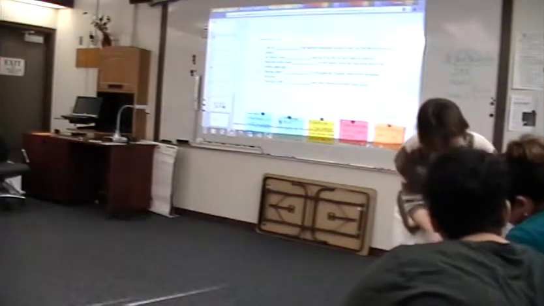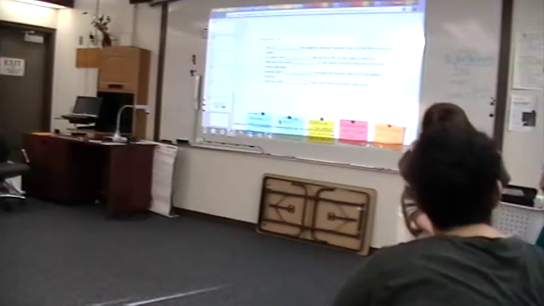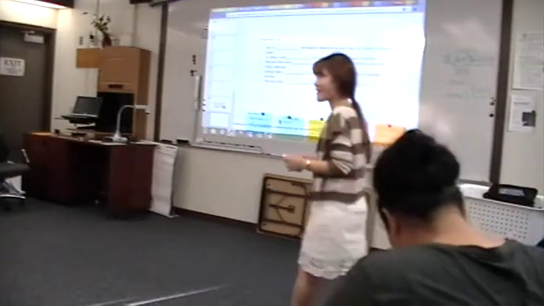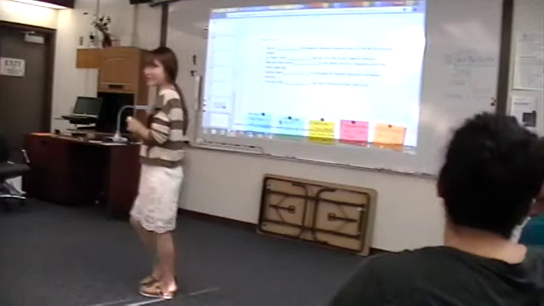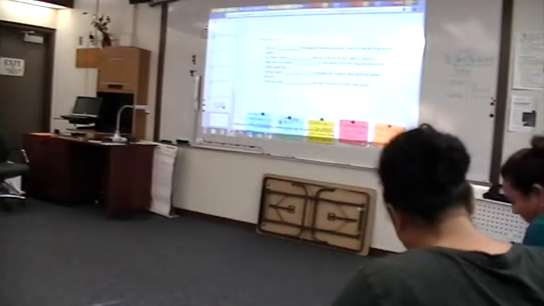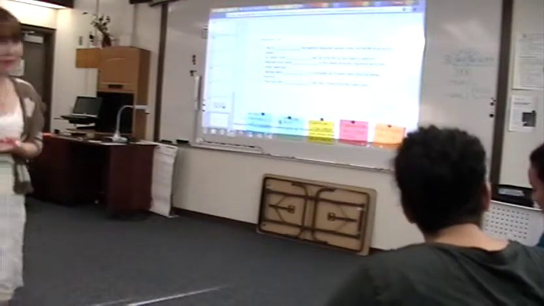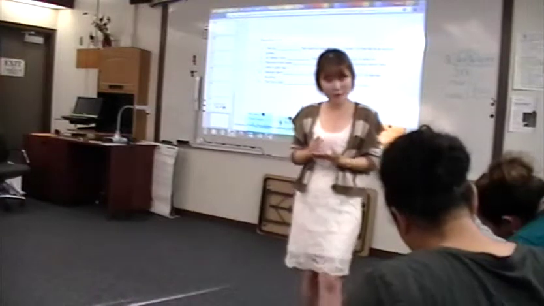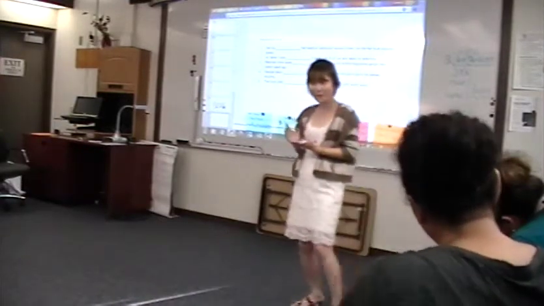Because it's only present perfect tense, you should use have or has and the verb. Everyone, just to let you know, this is the present perfect tense. Does it make sense? It's has or have plus the past participle form.